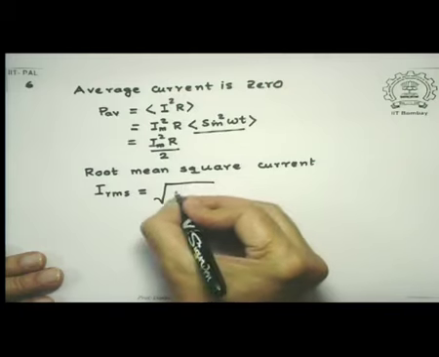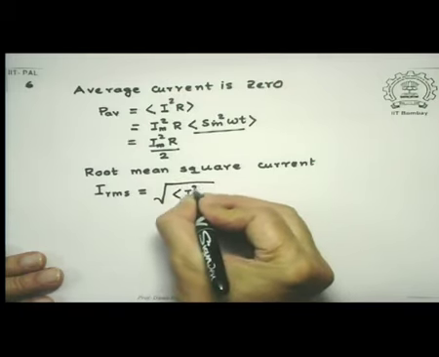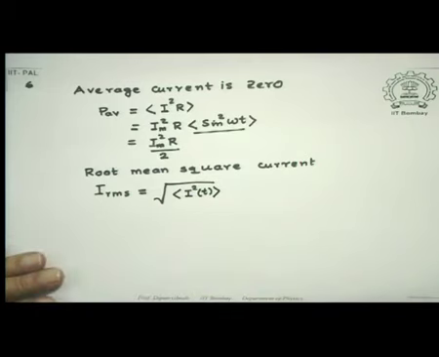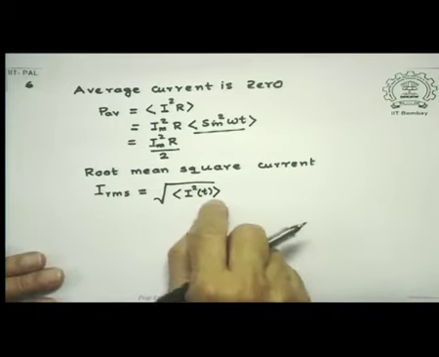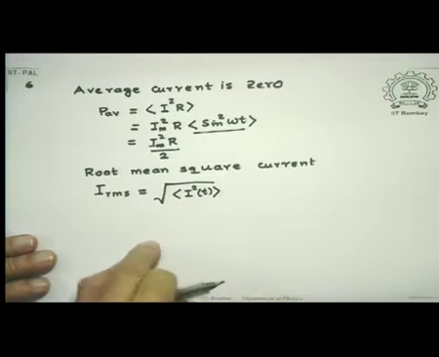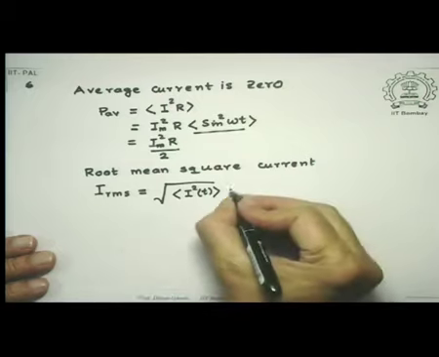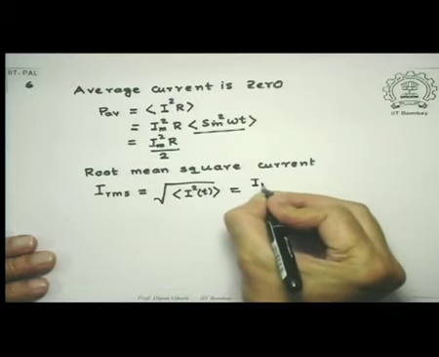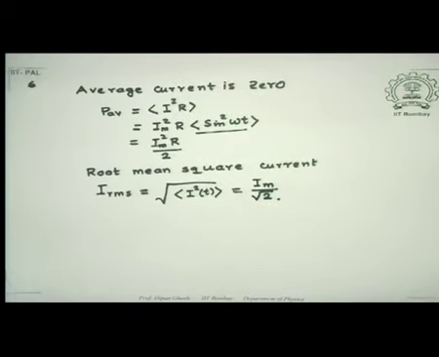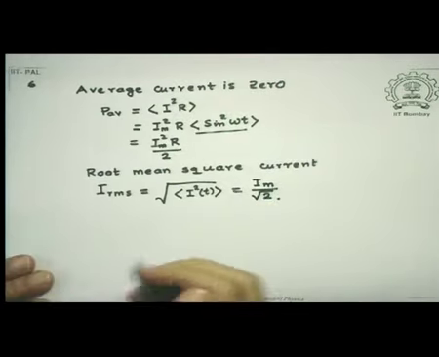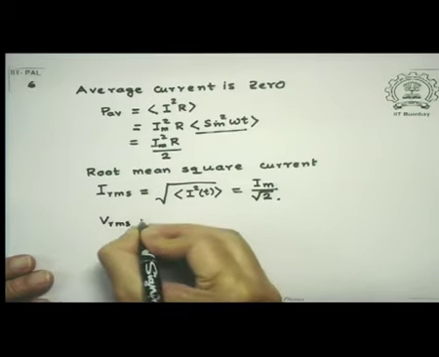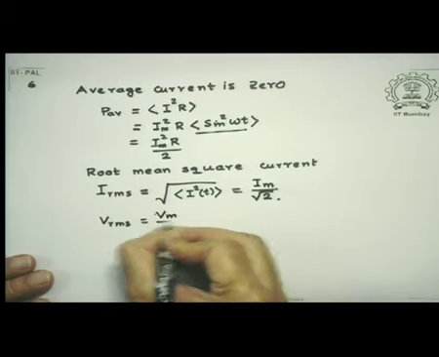It is the square root of the average of I square t. But we have just now seen that the average of I square t is Im square by 2. So therefore, IRMS happens to be Im divided by square root of 2. And likewise, we can define a VRMS equal to Vm divided by square root of 2.